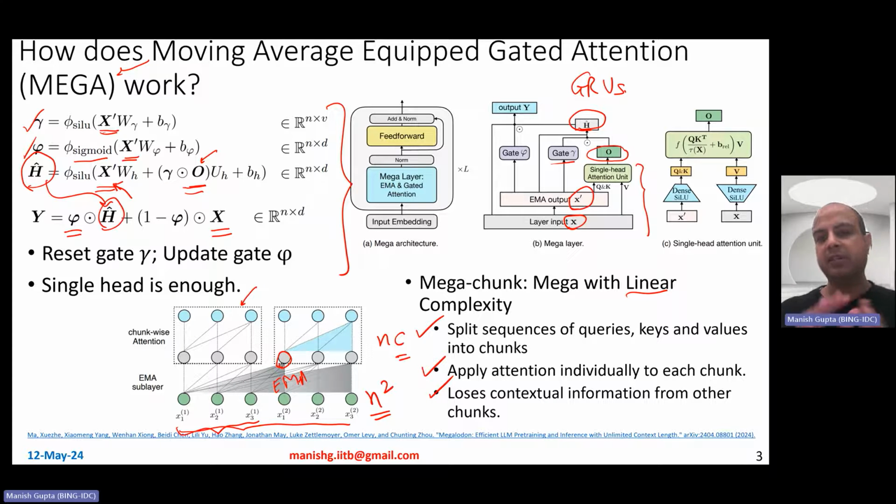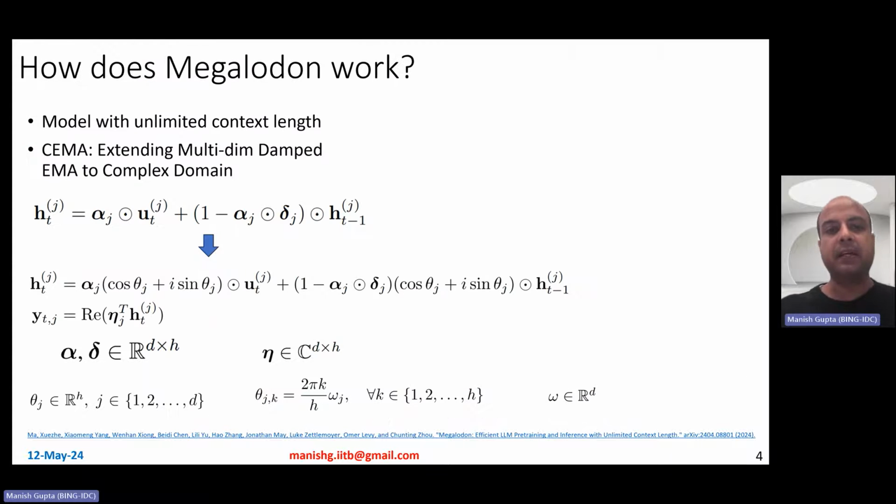So yes, there is some propagation of information across chunks, but mostly the attention computation happens just within the chunk. Okay. So that's that. So EMA does help somewhat in propagating information across chunks. So it's not as bad as completely isolated chunk-wise computation, but still, some of the contextual information is lost. Okay, so that's basically Mega.